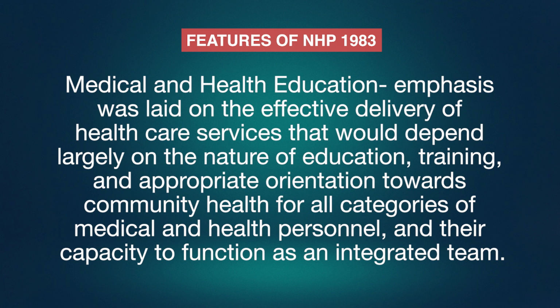It focused on the nature of medical education, training and appropriate orientation towards community health of all categories of medical and health personnel, and the capacity to work as an integrated team. So the focus was not just on providing certain forms of healthcare services, but training of manpower to provide healthcare services in the rural and remote areas of the country.